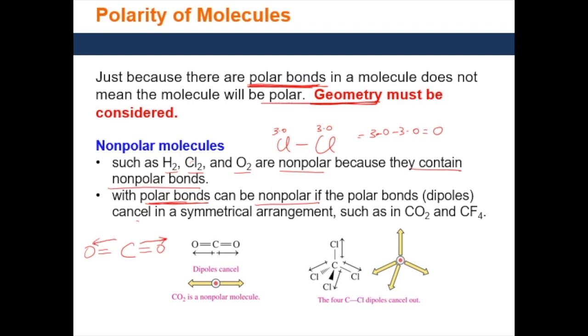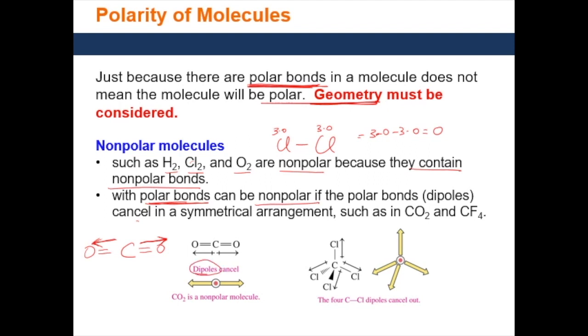Both oxygens are pulling the electrons away from carbon at the same strength. Again, it's a tug of war. So the polarity generated by this bond and the polarity generated by this bond will cancel each other out.